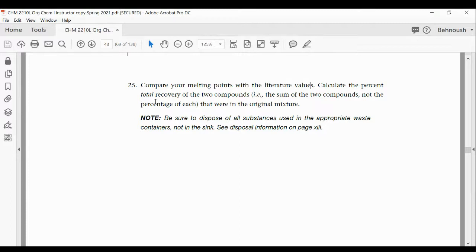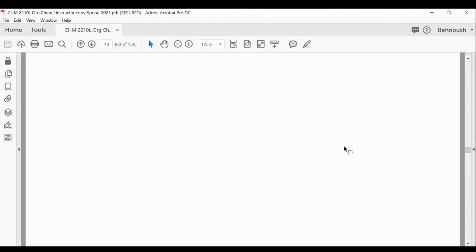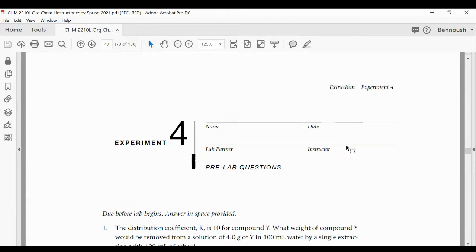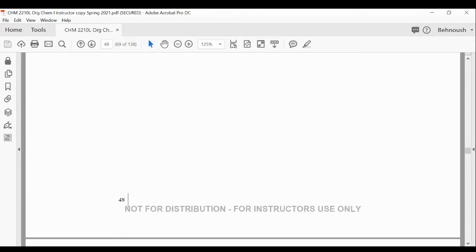And then for the total recovery, it says here the total recovery is not the percent recovery here. Total recovery is from the original mixture. You start with 1 gram, you add the mass for the two together, and you divide that by 1 times 100%, that gives you percent recovery.